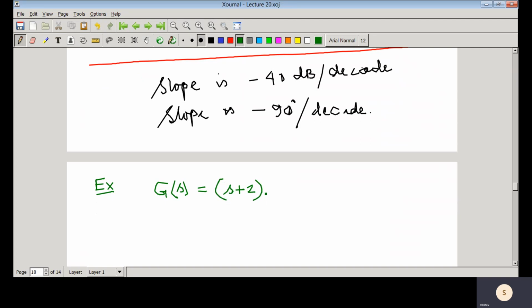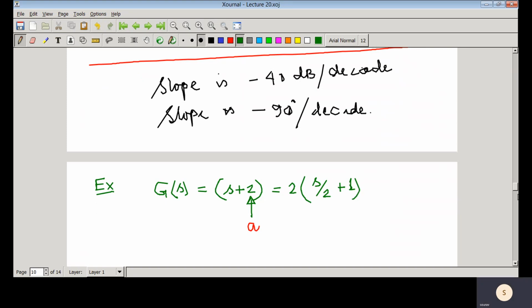Then what would be its Bode plot? As we know, we need to represent it. Here this is the factor, and this is the a, and we can represent it as 2 into s by 2 plus 1.